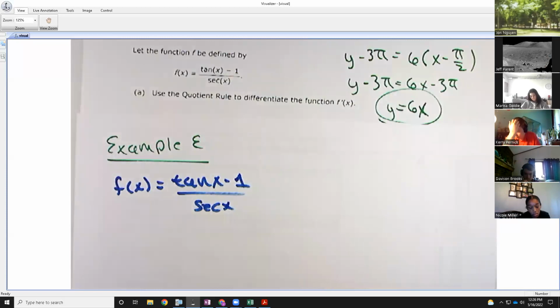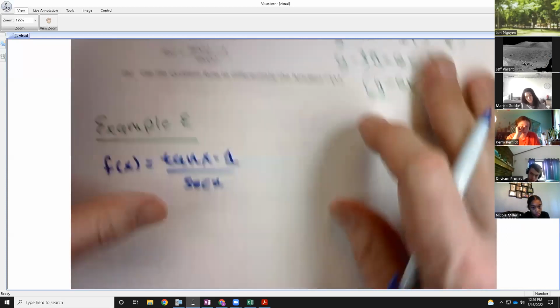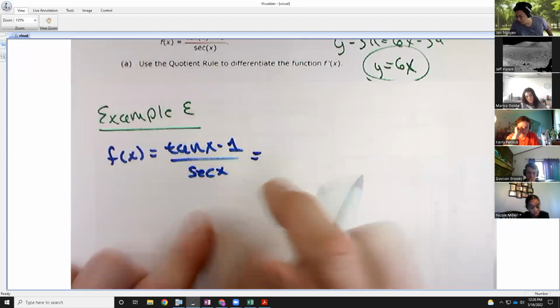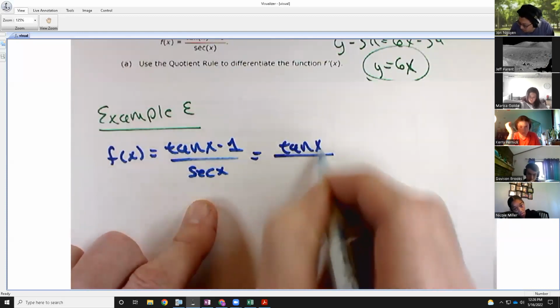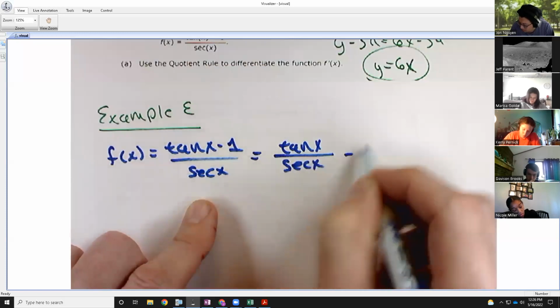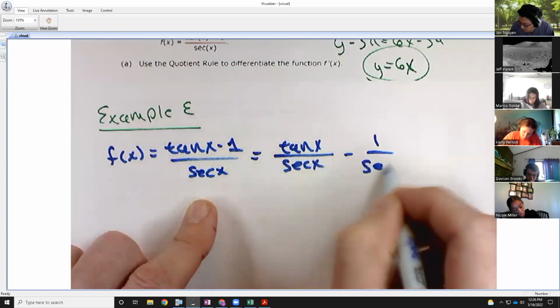It's up to you if you want to take the time at home at some point to differentiate this using the quotient rule, you can. But let me do this without the quotient rule. For that, I'm going to write it as tangent of x over secant of x minus 1 over secant of x.